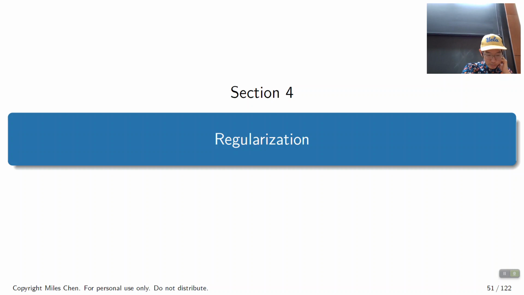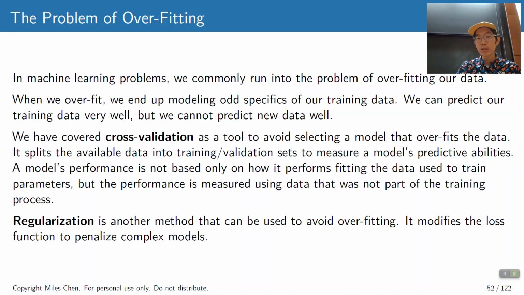While we are talking about linear regression, I want to bring up the topic of regularization. Regularization is another tool that helps us avoid overfitting. Overfitting is the idea that your training data reflects a bit of the true relationship that exists in the world, but it also contains random noise.